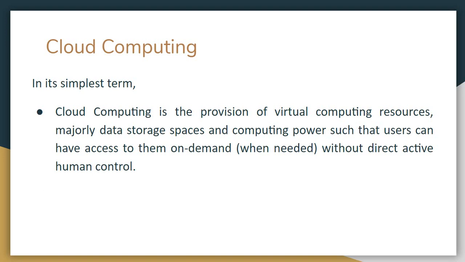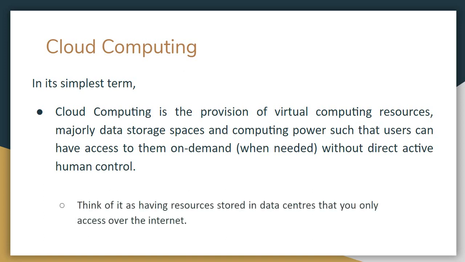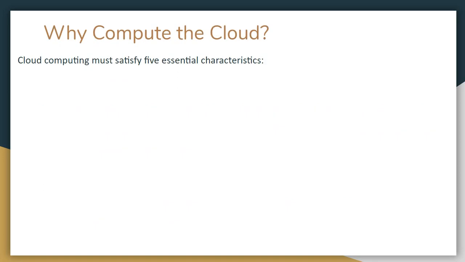So there is a virtual provision of some resources out there, and you access these resources whenever you need them without direct human management of your resources. You can think of cloud computing as having resources stored in data centers that you can access over the internet.